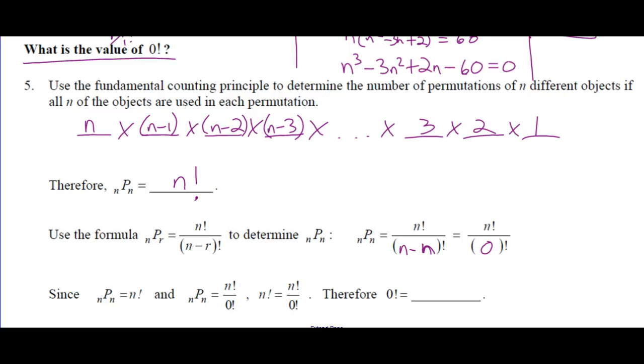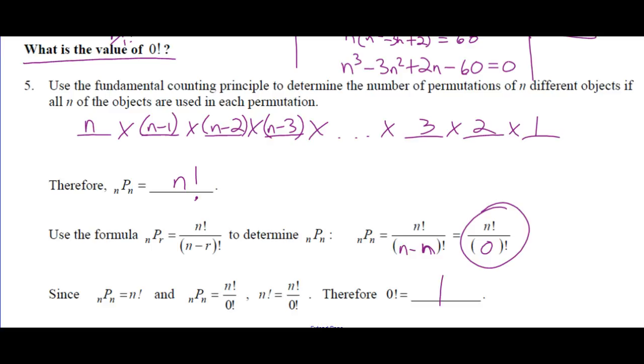But nPn is n factorial, right? So we've got this. nPn is equal to n factorial over 0 factorial. That means that n factorial, this, has to be equal to this. So what's 0 factorial equal to? So if that's equal to that, what are you dividing by? 1. So 0 factorial is defined as 1.